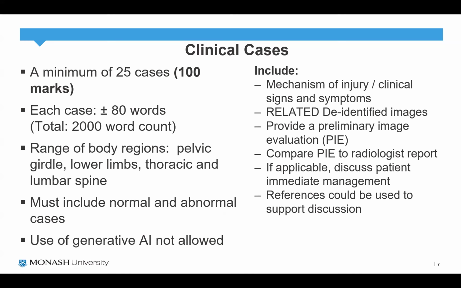And then write up a preliminary image evaluation, and do that without looking at the radiologist's report. And once you've written your PIE, only then go and compare that to the radiologist's report. You can include things like immediate patient management, but that is not a requirement. And you can also include references to support your discussion, but again, that is not essential.